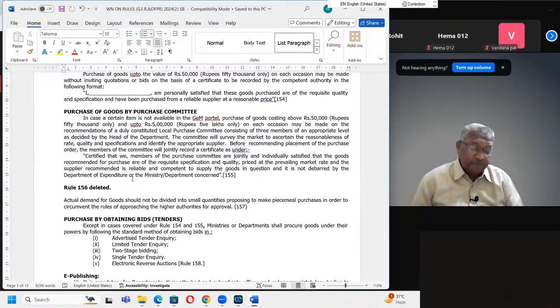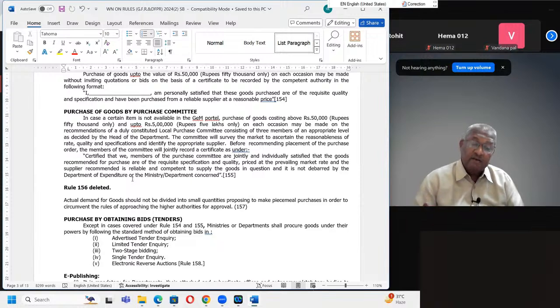Purchase by obtaining bids, tenders, except in cases covered under Rule 154 and 155. Ministries or departments shall procure goods under their powers by following standard method of obtaining bids. So two rules quoted above, 154 and 155. One is purchasing goods which are not available in GEM portal without taking quotation.